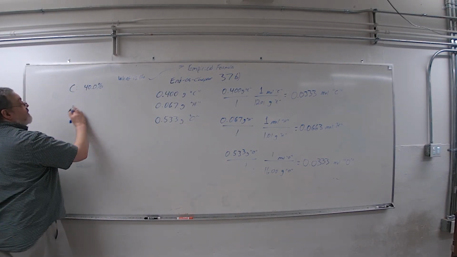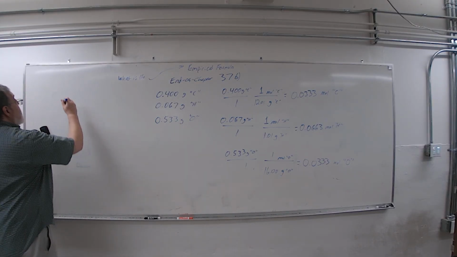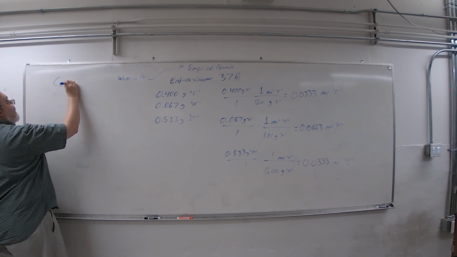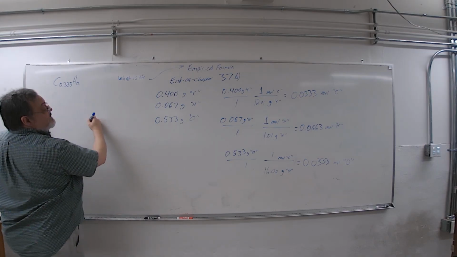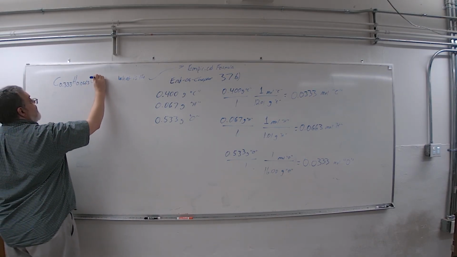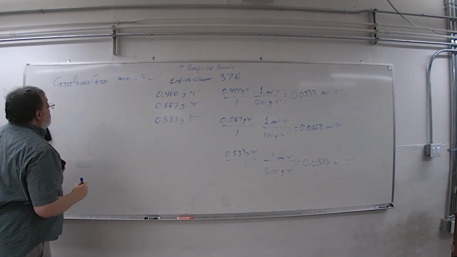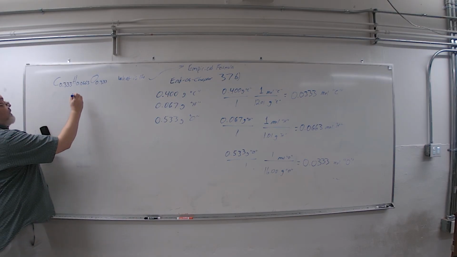All right, let me work over here. 0.0 oxygen was 0.3. Okay, divide all of these by the 0.066.